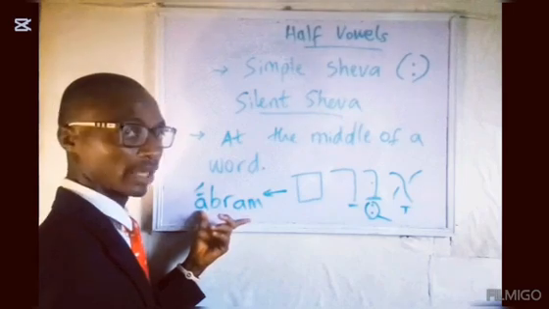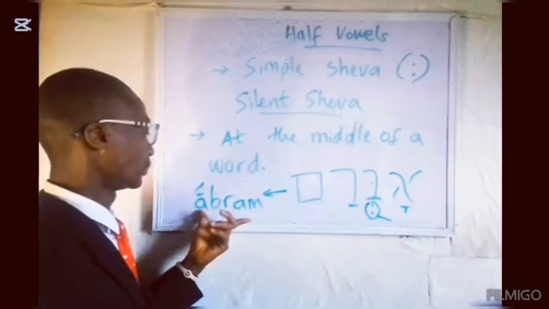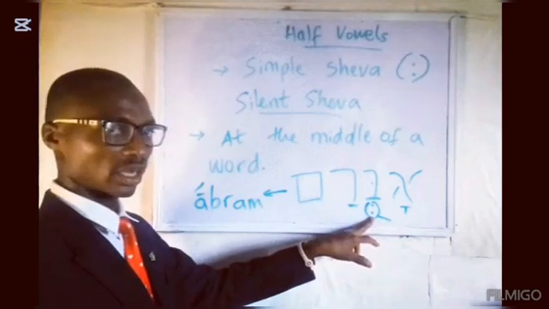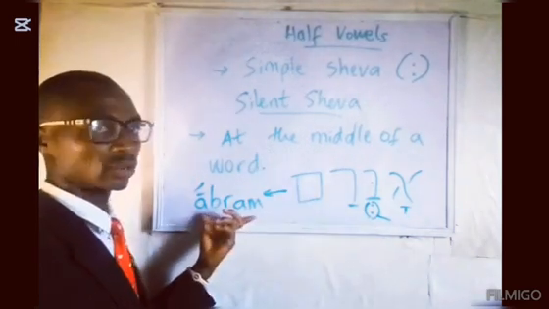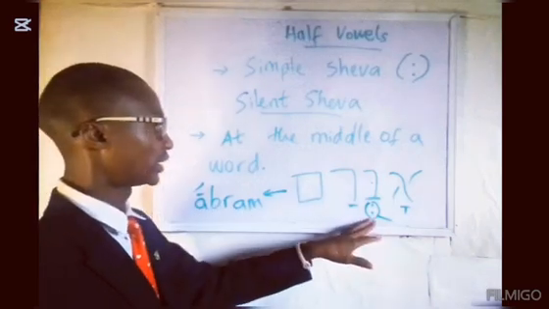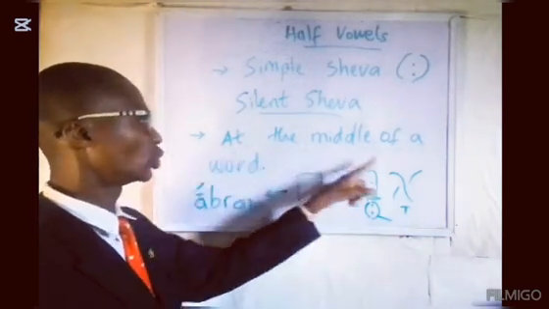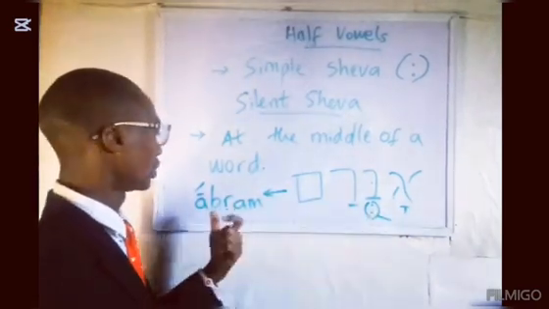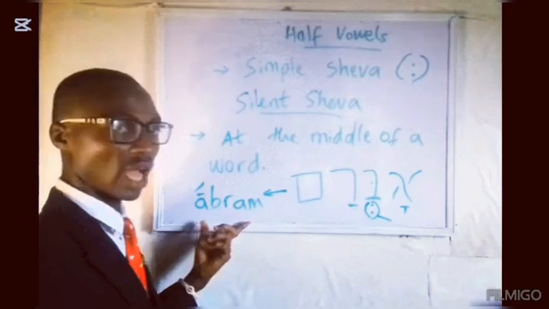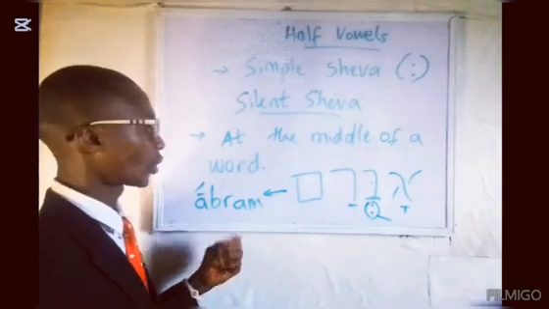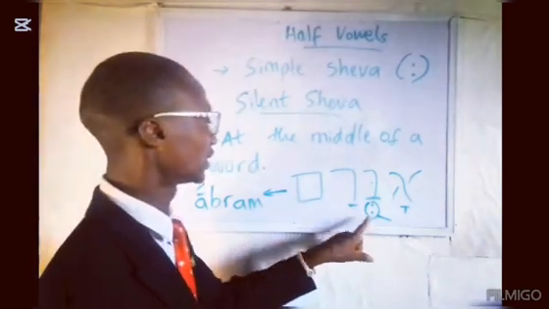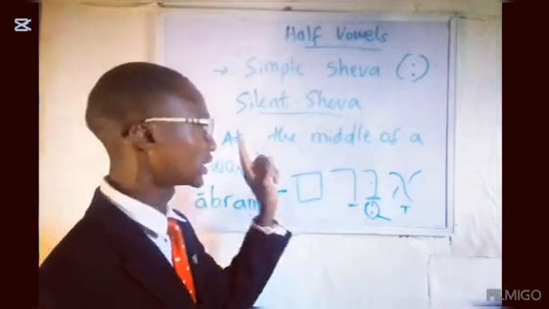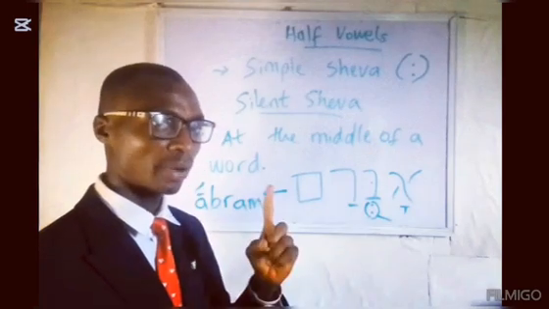See Abraham: there is no sound of the sheva in this particular pronunciation. So it is silent when it is in the middle of the word. This means in English Abraham. Once sheva is seen at the middle of the word, it is a silent sheva. That's one parameter to note.